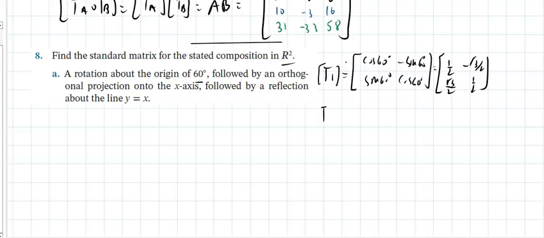And T sub 2 is simply a reflection about the line y equals x, which is 0, 1, 1, 0. Again, that's from the table. Oh, I messed up. That's T3. There's a middle one I skipped.